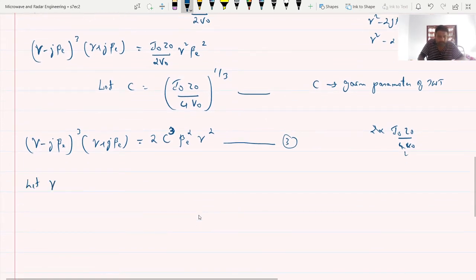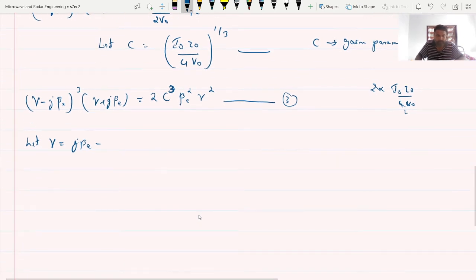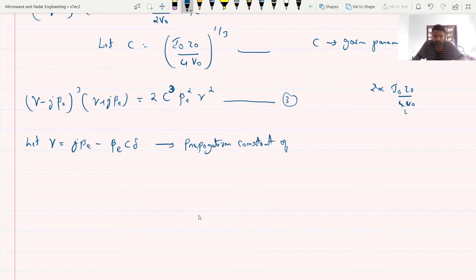Let gamma equal to j beta e minus beta e c delta, that I will call it as propagation constant of forward traveling wave.